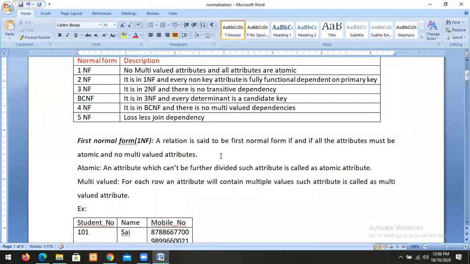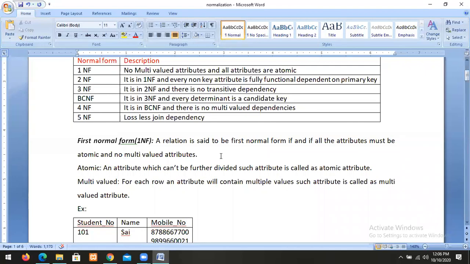Like this we have the five normal forms. First normal form: no multi-valued attributes and all attributes must be atomic. Second normal form: every non-key attribute is fully functionally dependent on the primary key. Third normal form: there is no transitive dependency. A non-key attribute which depends on some other non-key attribute, that we call transitive dependency.